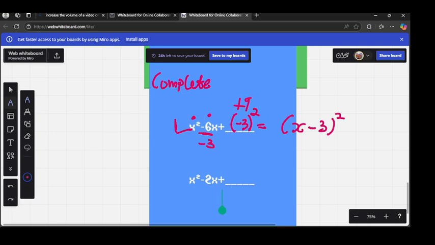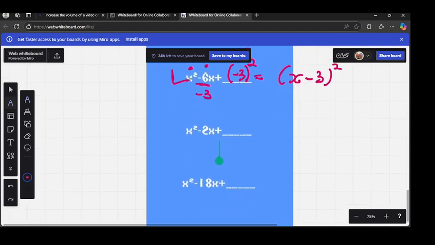Let us now look at the next one. I have x squared minus 2x plus. Now what would I add here to make this a perfect square also? First of all, what I have here is minus 2. And half of minus 2, we all know it is minus 1. Now, to make the perfect square, I'll have to add the square of minus 1.